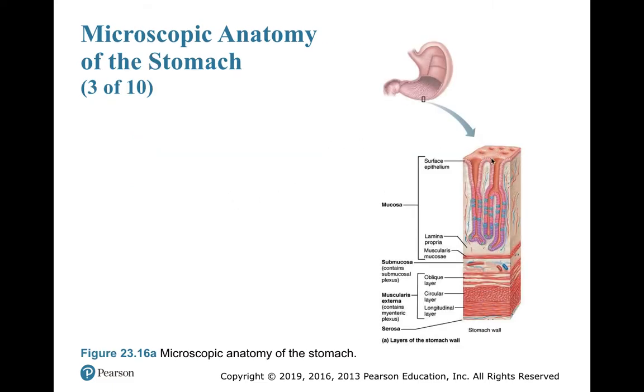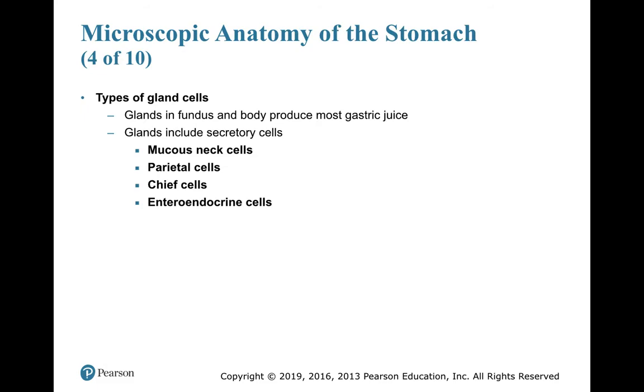So here we have the surface with little look like holes in it. Those are the pits, and those pits go down into here where we have the glands. Those glands in the fundus and the body produce most of the gastric juice. They include secretory cells.